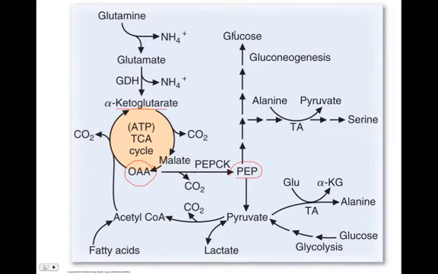From here, PEP can either be used to synthesize glucose through gluconeogenic reactions, or the pyruvate can be used to synthesize alanine, which can be interconverted into serine. Pyruvate can be used to generate lactate, or the alpha-ketoglutarate can be completely oxidized.